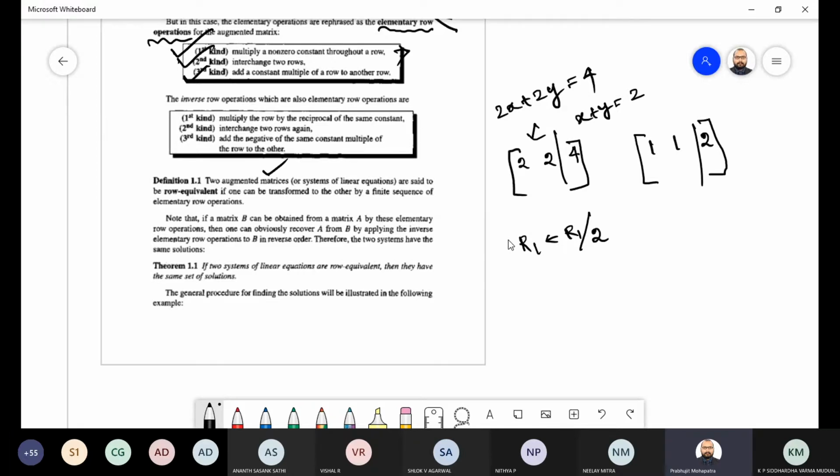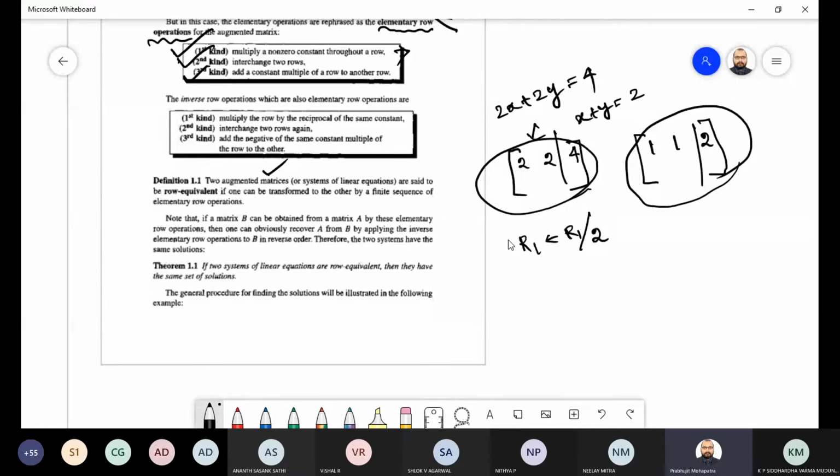So if this is your one system of equation and this is your another system of equation, and if by row reduction you are having one or other, that means both the sets of equations are exactly same. Getting or not? Yes, sir. And they are having same solution. Actually they are not distinct.